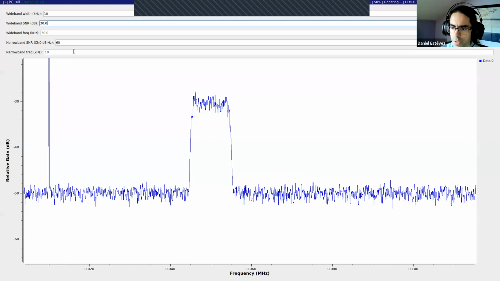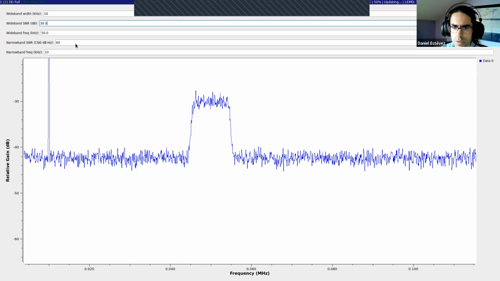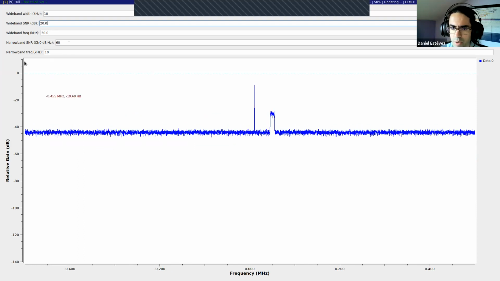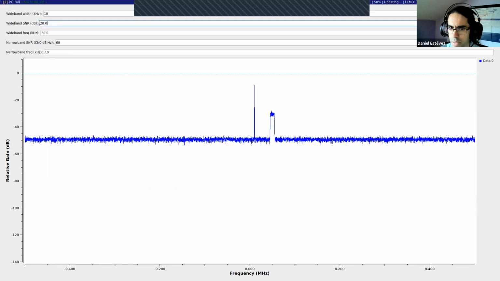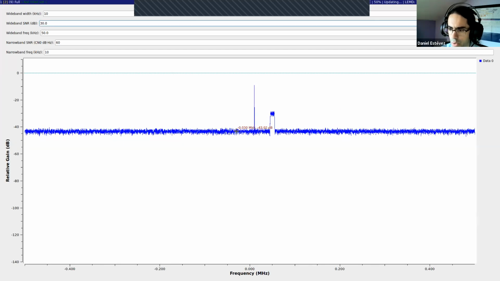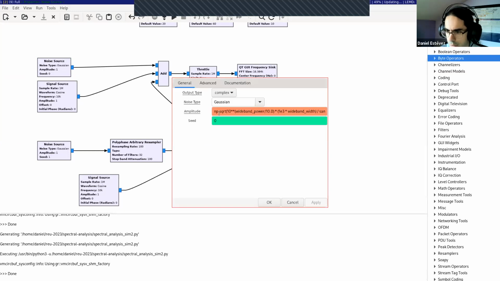If I set 30 dBs, what's happened? This is completely unexpected. So let me repeat this. I'm changing the wideband SNR, and what happens is the complete noise floor is going up. Yeah, I see what the problem is. I have set the formula on the wrong noise source.